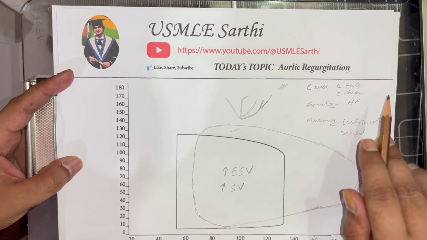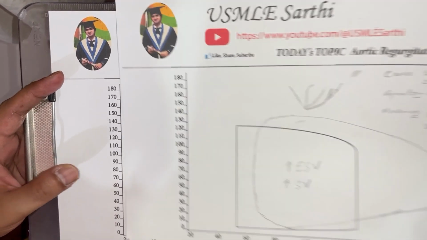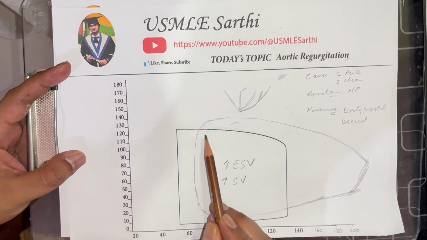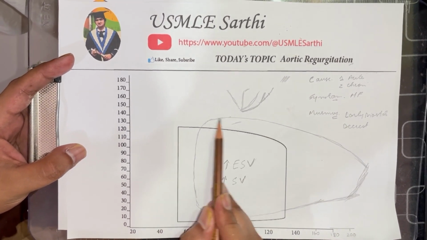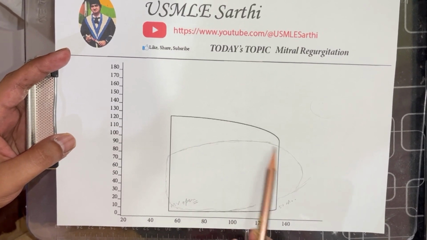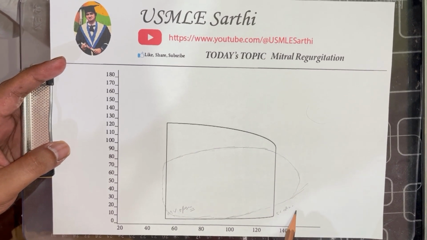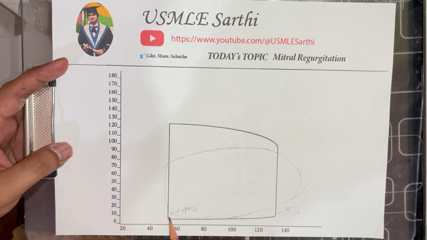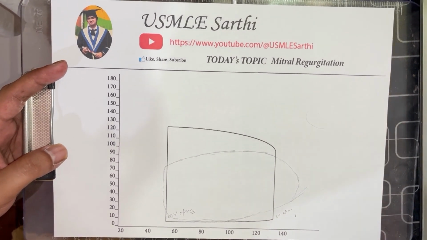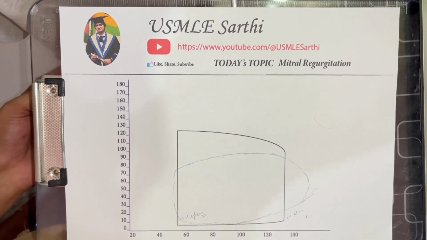This is the aortic regurgitation, this is the mitral regurgitation, but the difference is here the pressure is increased, here the pressure is not that increased, even below normal, and from here to here your stroke volume is increased. So these are the things, and now we will see what happens on auscultation.